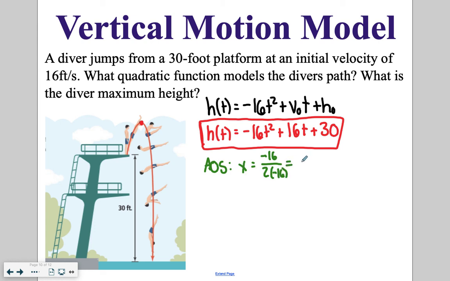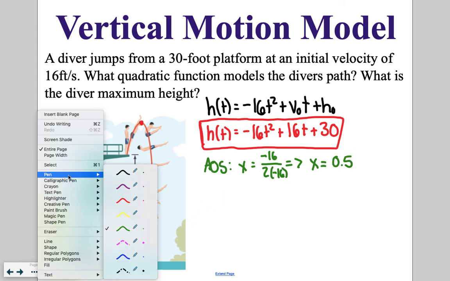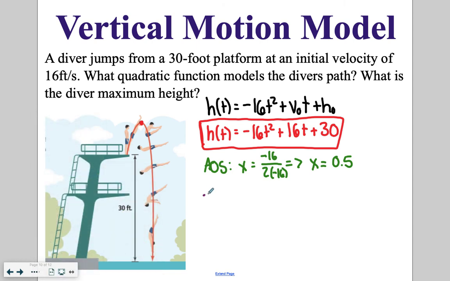Negative 16 divided by negative 32 gives me an x value of 0.5. Then you're going to go ahead and plug that back into your equation. So negative 16 times 0.5 squared plus 16 times 0.5 plus 30. And when you plug that whole thing into the calculator, you get an answer of 34.